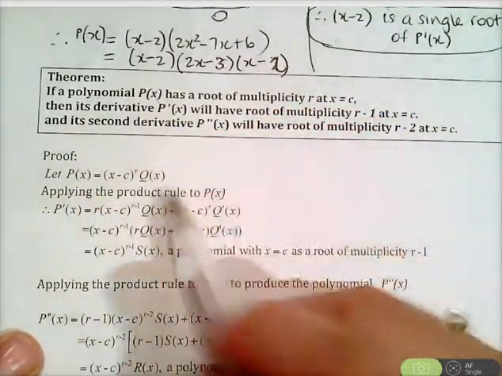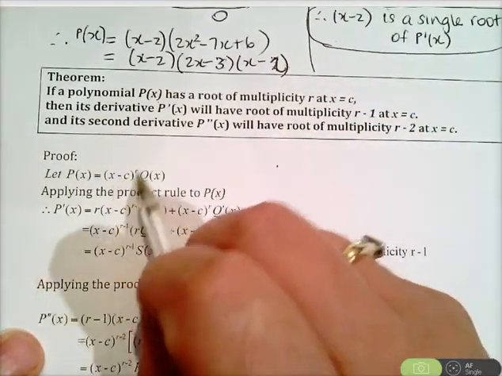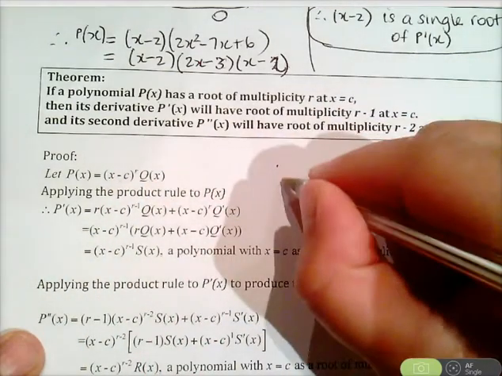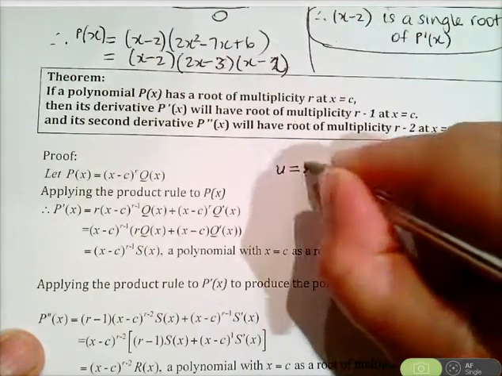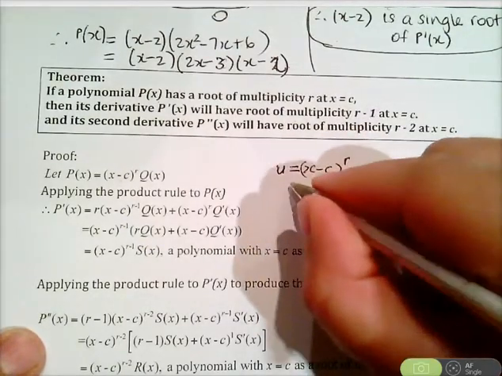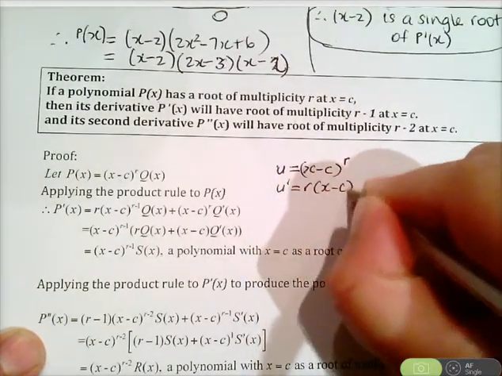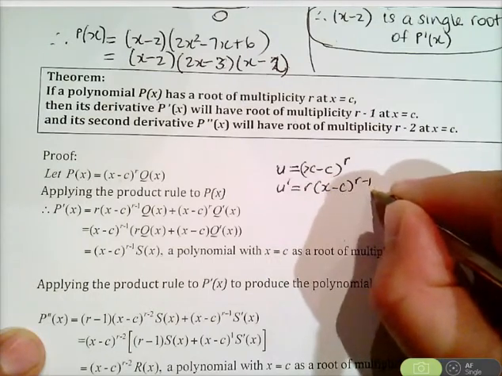If I want to differentiate p of x, I'll have to apply the product rule because here I've got a function, x minus c to the r, and q of x is a function in x. So I'll let u equal x minus c to the power of r. Therefore u dash is r times x minus c to the r minus 1 times, if you differentiate what's inside, you'll get 1.